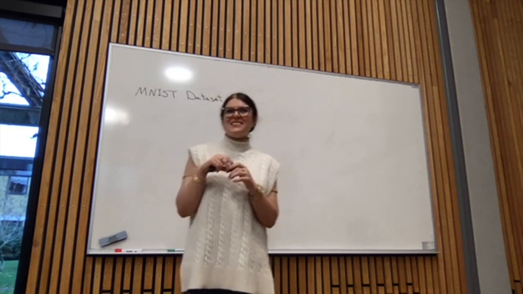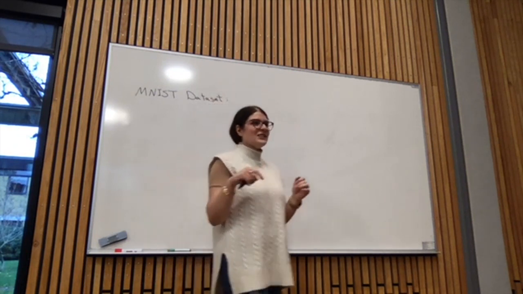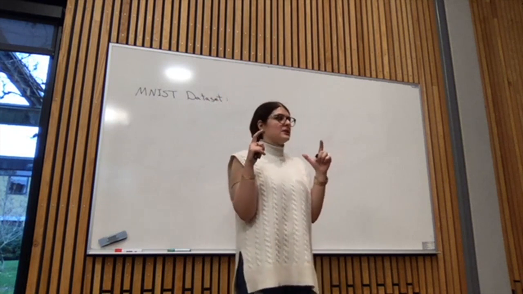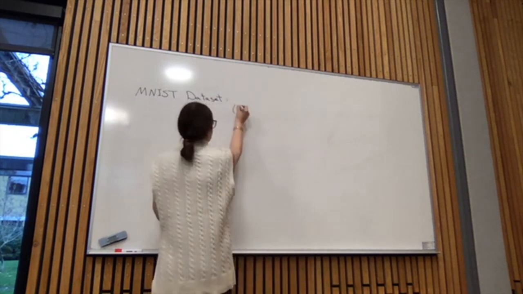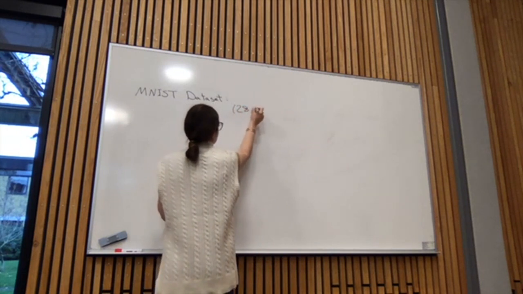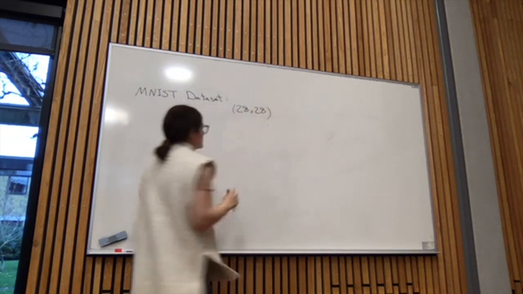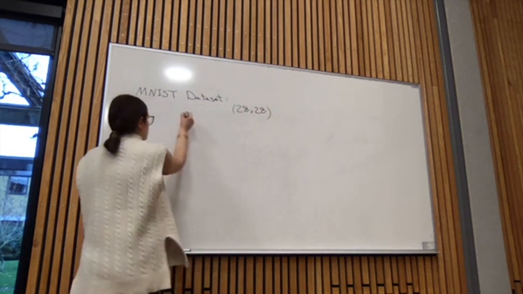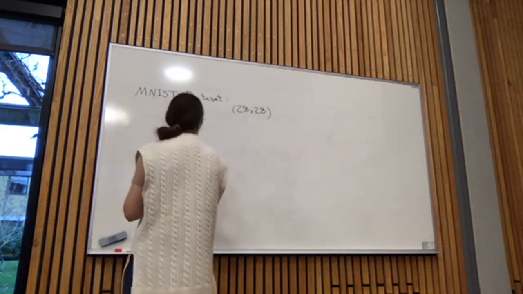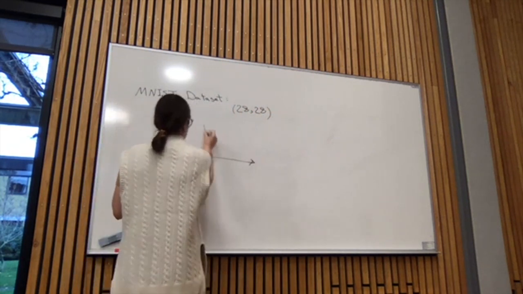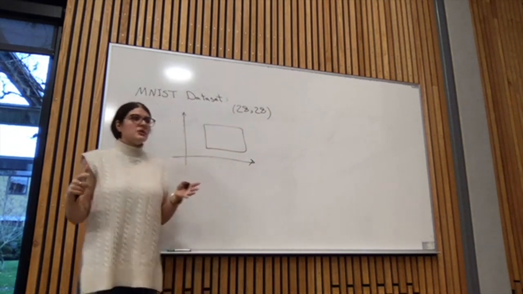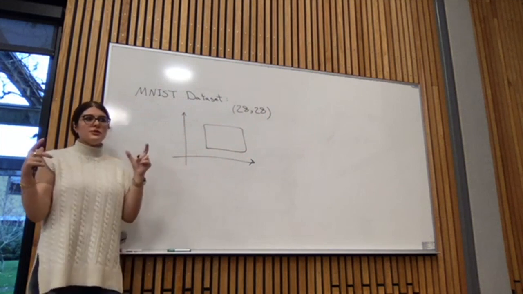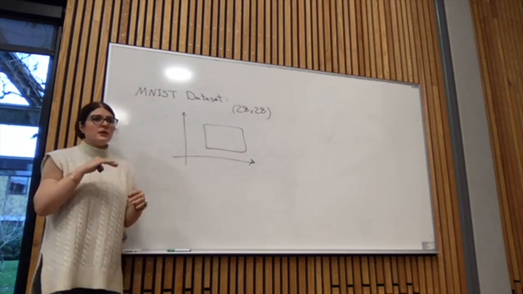As you know, the dimension of the MNIST dataset is 28 by 28, right? So we are in 2 dimensions. But if we have a spatial transformation, we would like to be in 3 dimensions. That's why we sample that, right?